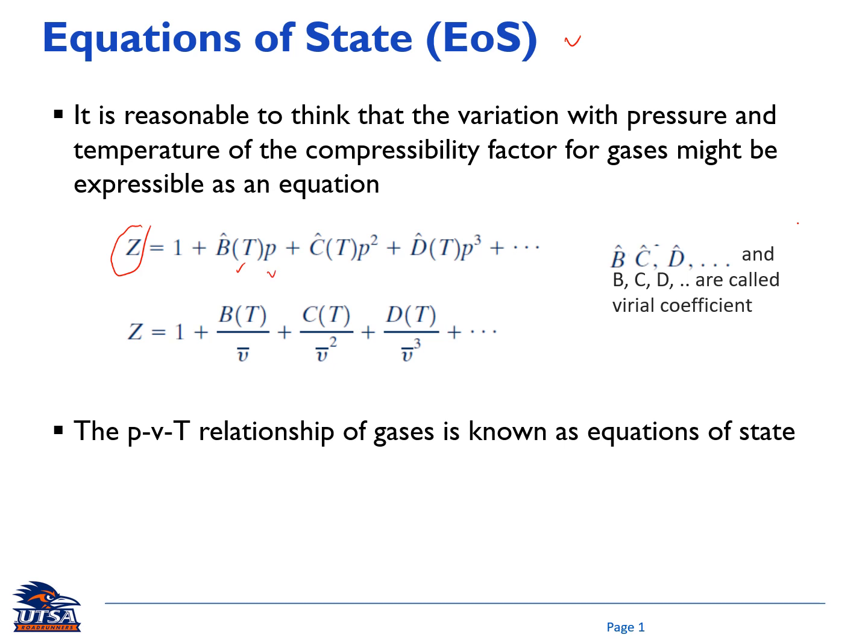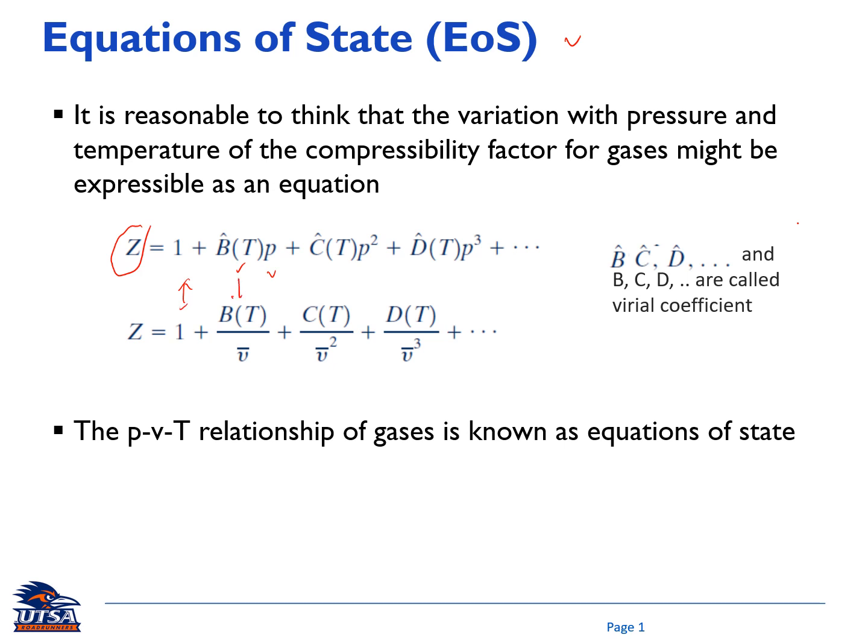Here it's showing an unlimited series of terms. Once again, it is a function of temperature and pressure, and then we have a series of constants, B, C, D, and so on. And then in the second equation we represent it in a different form, but you can see each term has a similarity.